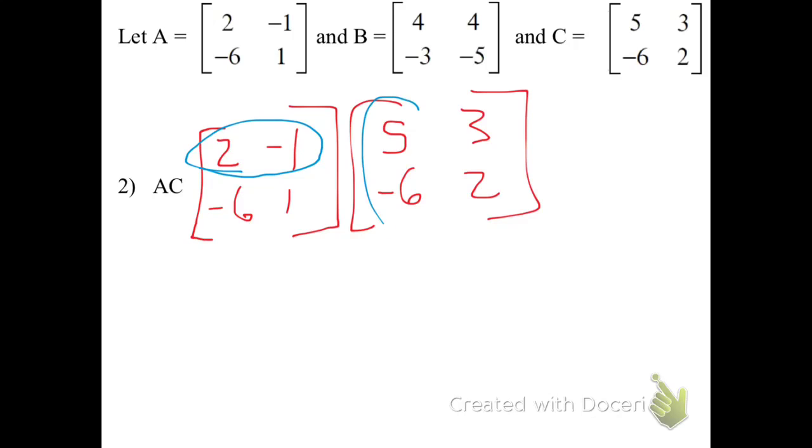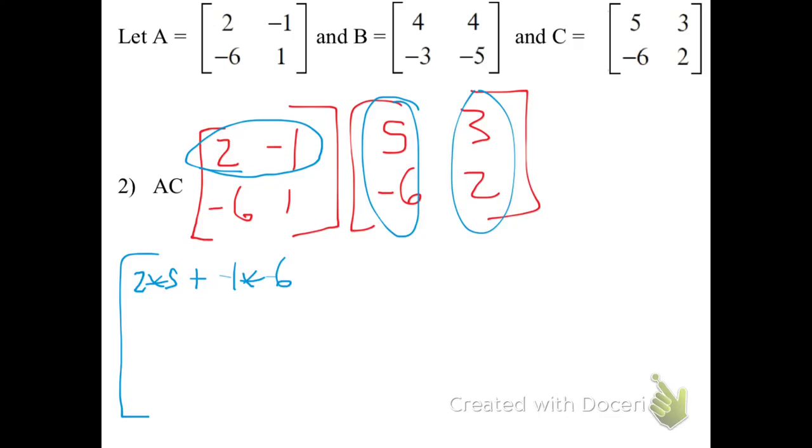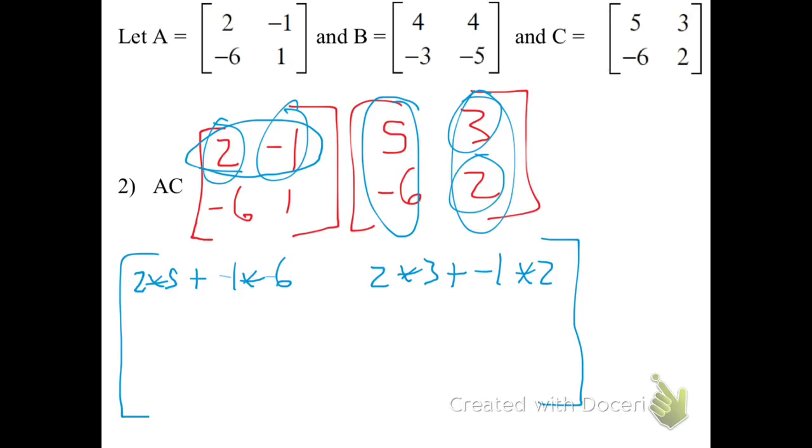So row, column is going to be our first entry there. 2 times 5, and then -1 times -6. There's our first entry. Multiply that by that second column now to get 2 times 3 plus -1 times 2.